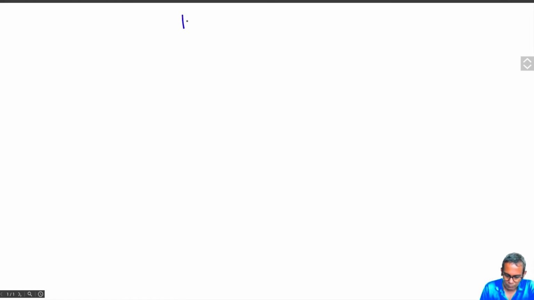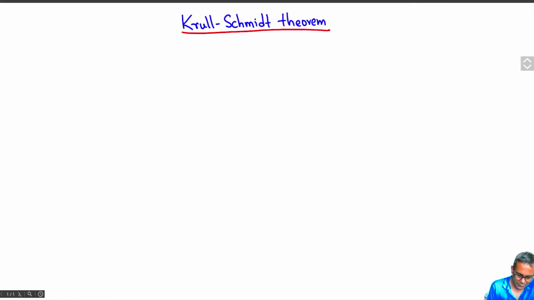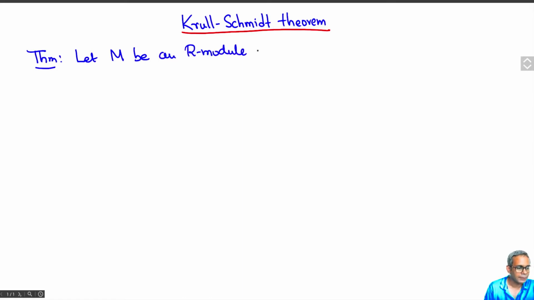In this lecture, I'll prove the Krull-Schmidt theorem. So the theorem says, let R be any ring, and let M be an R module satisfying the ACC and the DCC.